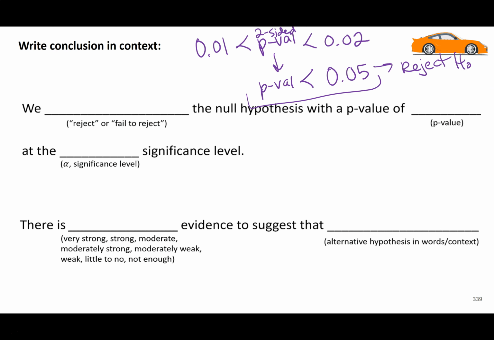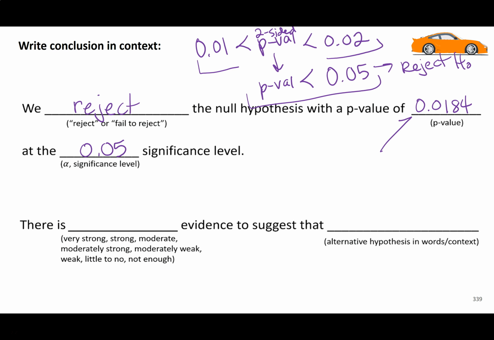I went ahead, I threw it into R. I got 0.0184. Note, this is between 0.01 and 0.02, so I'm happy with what I had from the table. Since our p-value is smaller than our significance level, we're going to reject the null hypothesis, and it's okay to write between 0.01 and 0.02 at the 0.05 significance level.